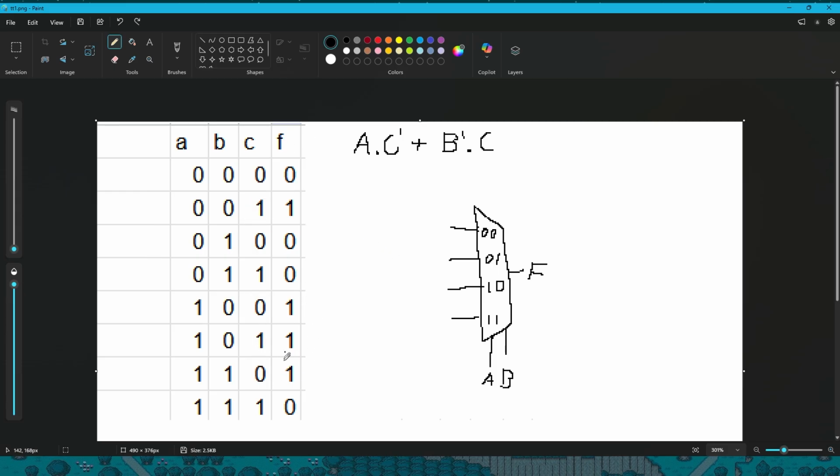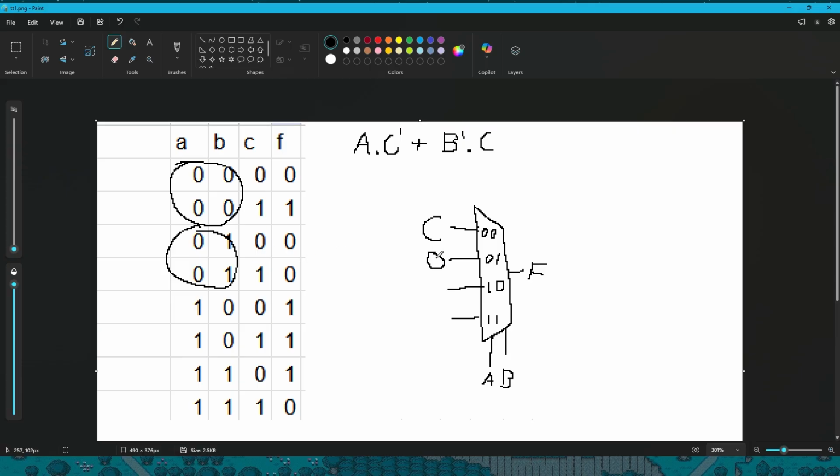So now that we have our truth table figured out, we go about this the exact same way. So whenever A and B are both 0, we go to these top 4 here, and we'll see that C is the same. So if C is 0, F is 0. If C is 1, F is 1. So that means this first input is C. Then we look at 0, 1 right here, and we can see that no matter what, the output's always 0.